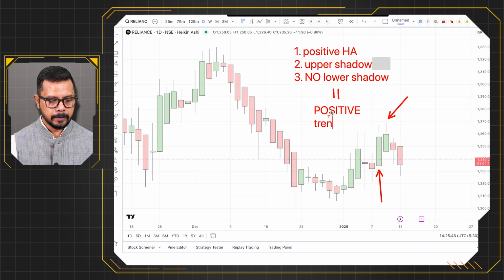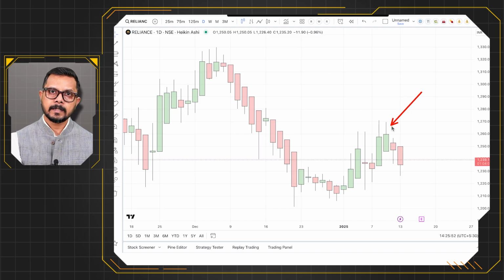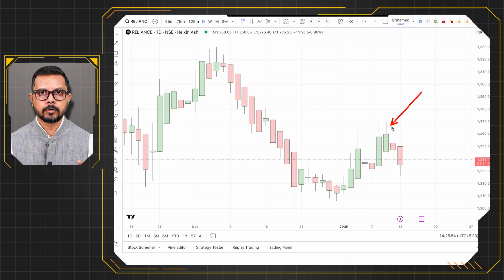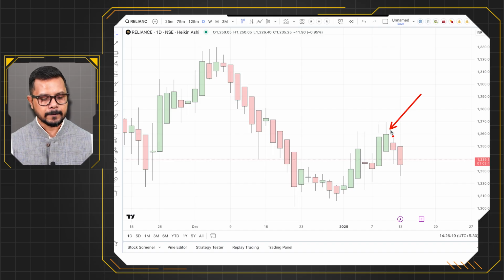At this point, if I point at this positive Heikin, it is telling us that it is positive. It's done a good job. It's done a good move upside. That does not have a predictive angle that from here it will go up. It may or may not go up. It's just giving us information. It's not enabling us to predict what can happen next. That is up to us.